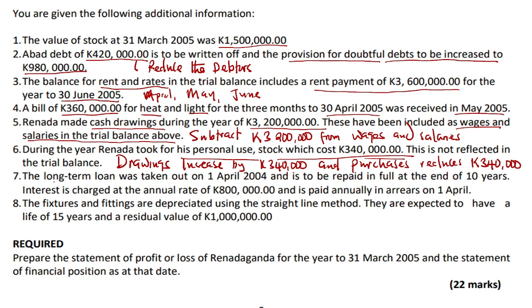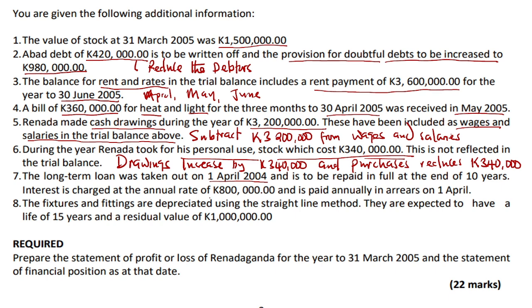Number 7, the long-term loan, which was taken on 1st April 2014, is to be paid in full at the end of 10 years.